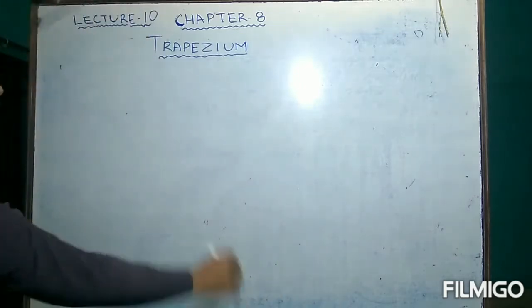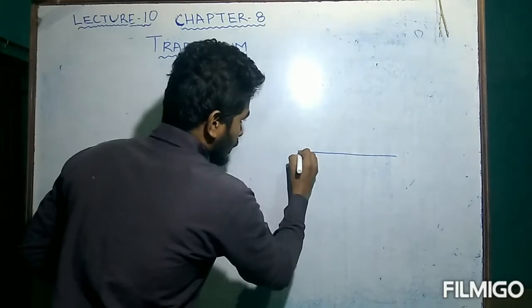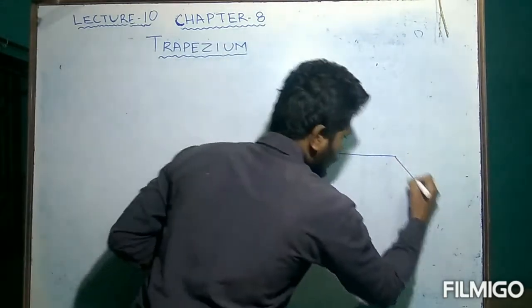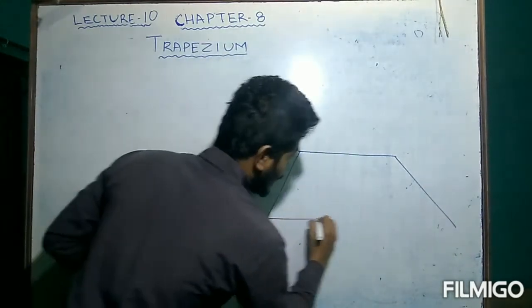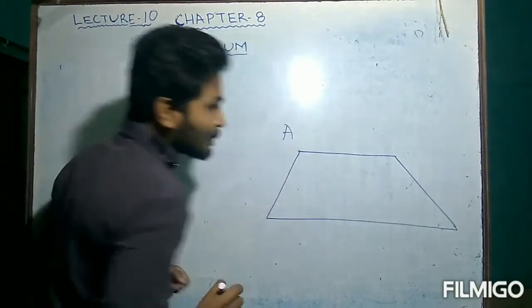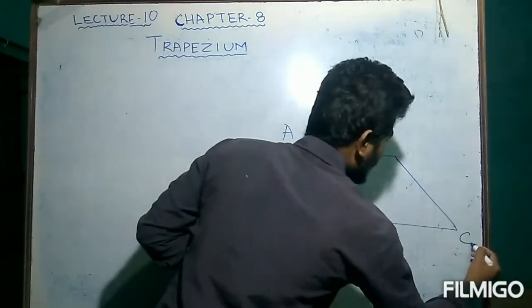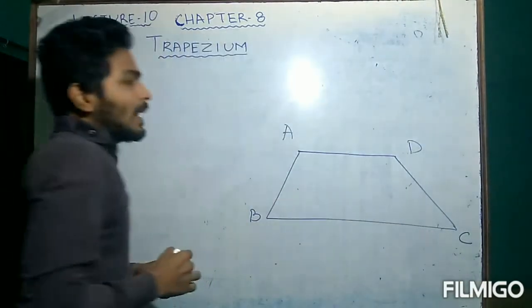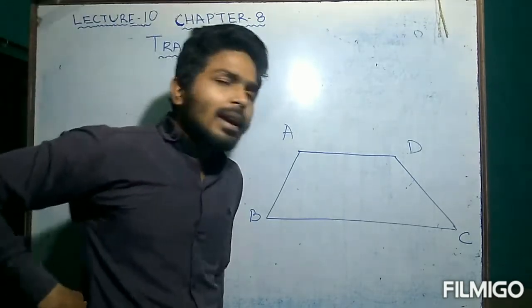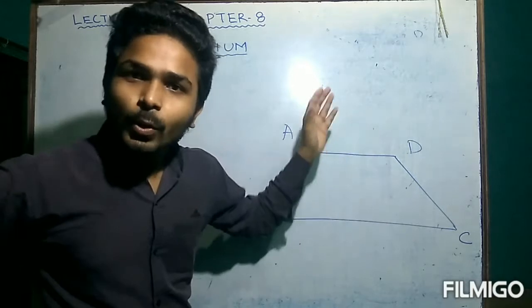Before starting with trapezium we have to draw the figure of a trapezium. So this is the figure of a trapezium. It looks like the top of a house. A, B, C, D. Like the square, rectangle, rhombus, parallelogram and kite, a trapezium is also a quadrilateral.